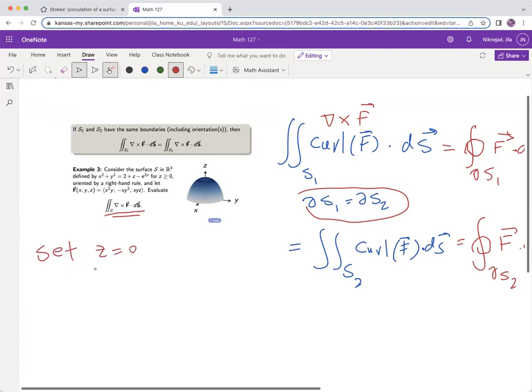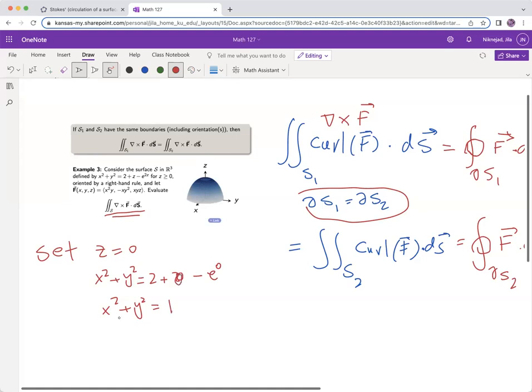Setting z equal to 0, the equation gives x squared plus y squared equal to 1, that's 0 minus 1.